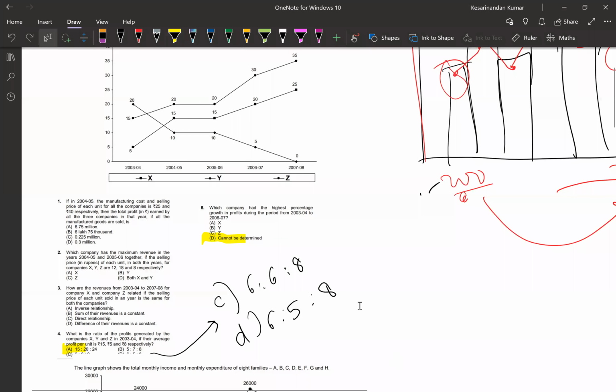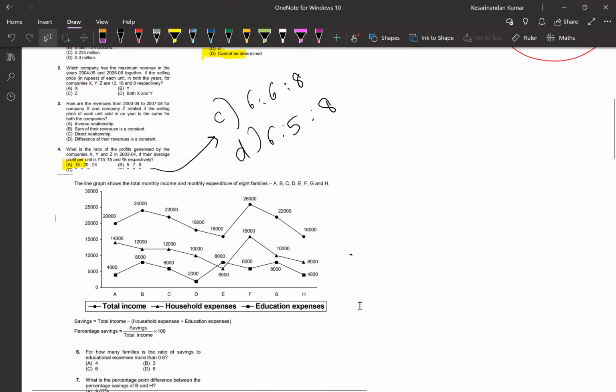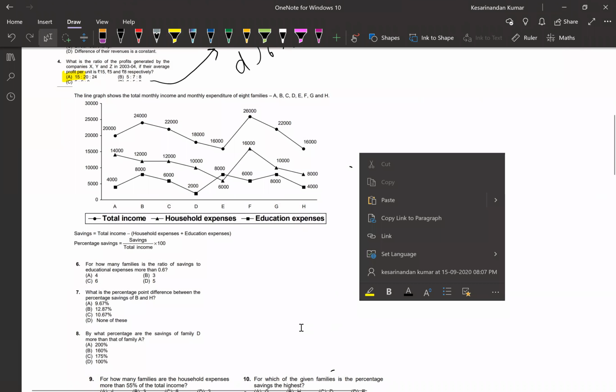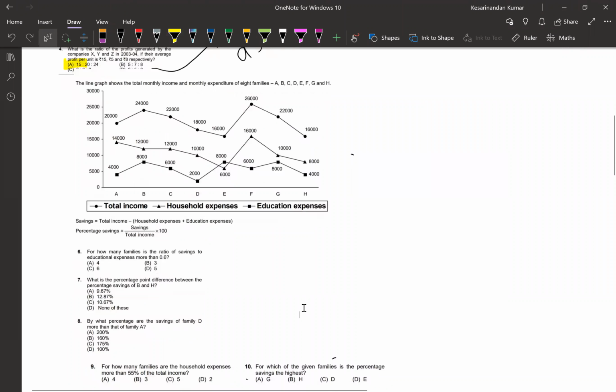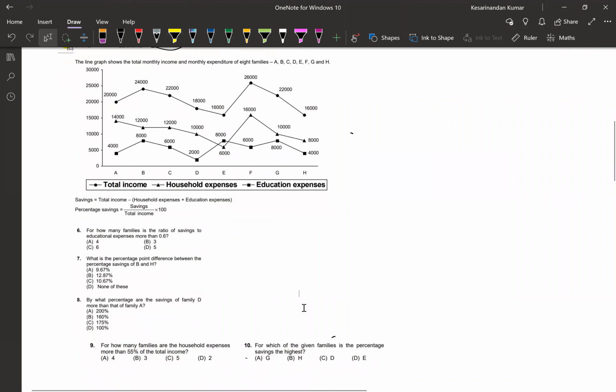Okay, let's move to the next set then. Here, quite similar, but more number of difficult diagrams. So here, you will have to relate them. Here you have total income, that is the circle. Household expenses, let me increase the diagram.